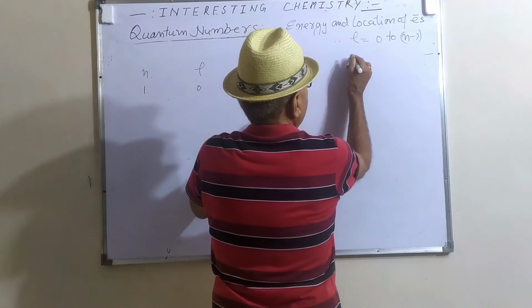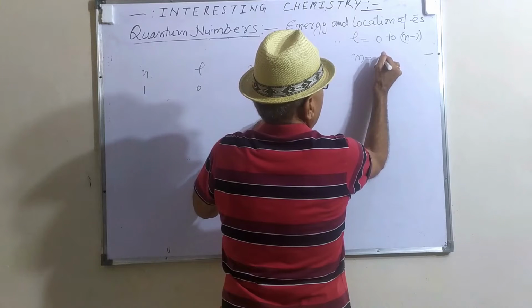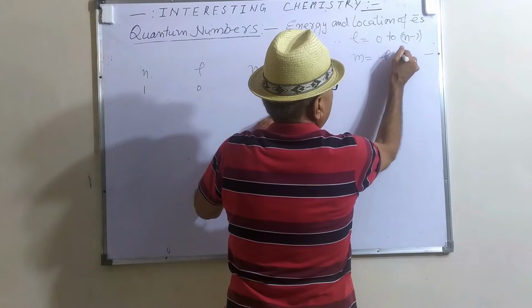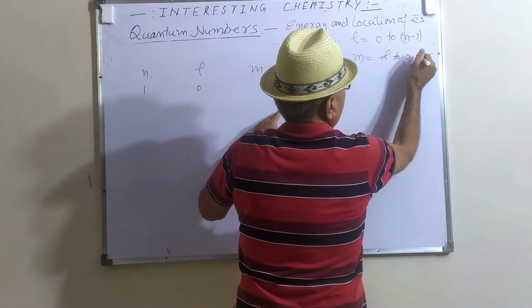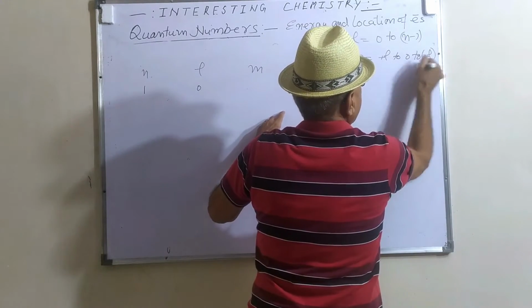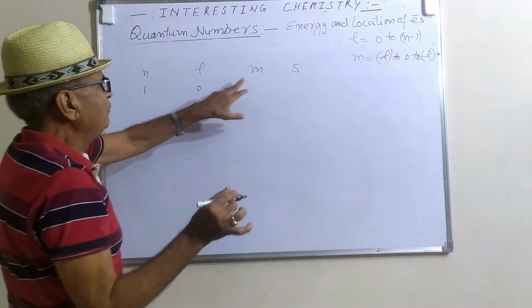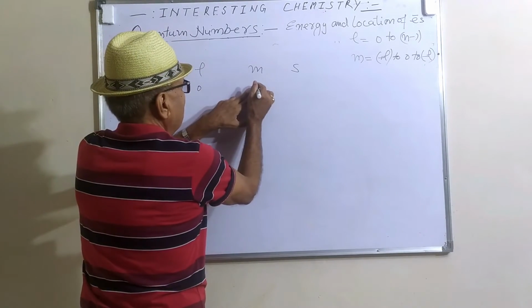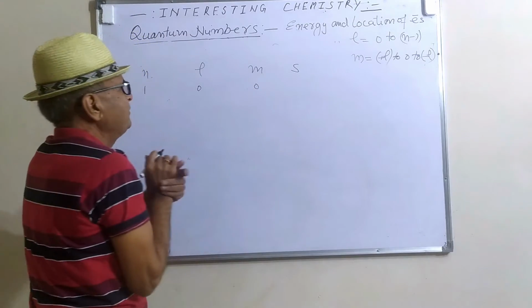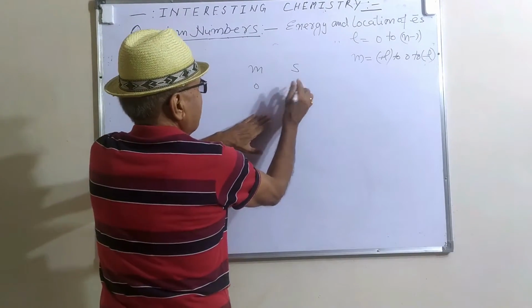Again, the value of m is from plus L to 0 to minus L. Here it is only 0, so the value of m is 0. And then for s, there are 2 electrons.